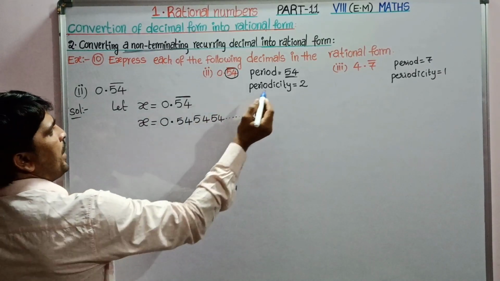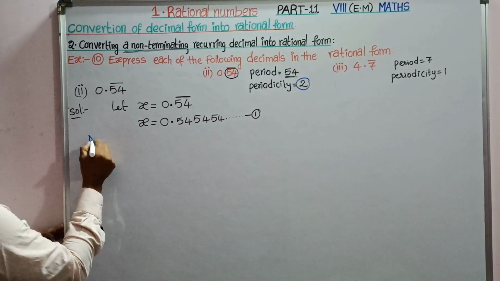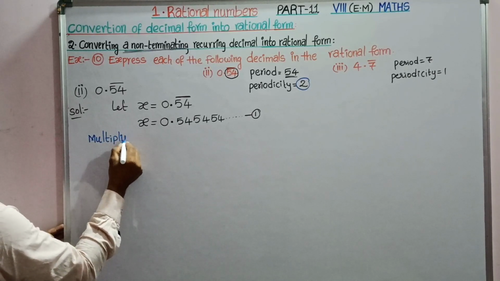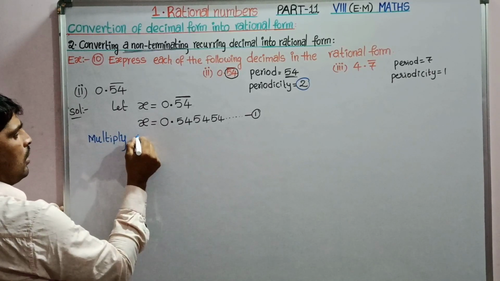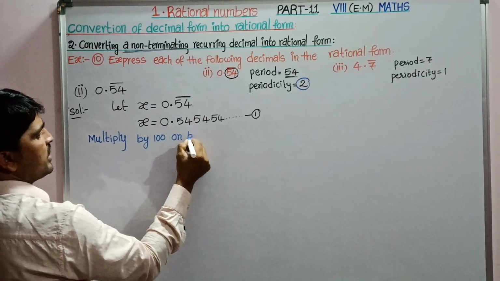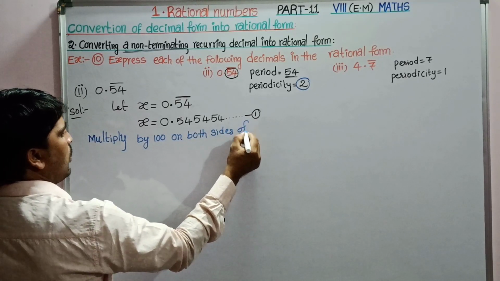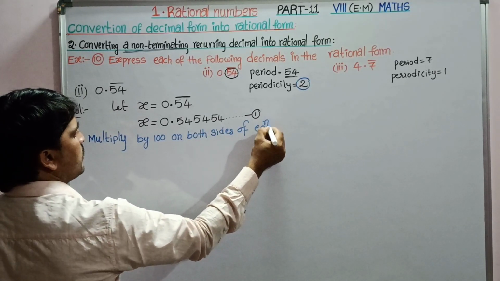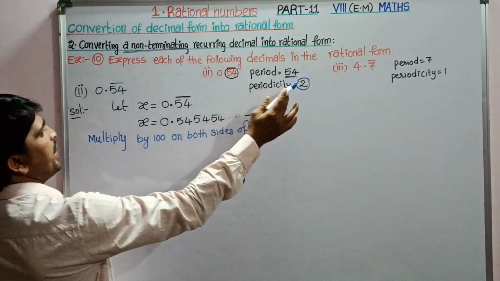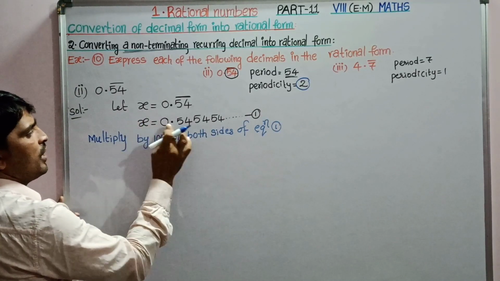Since the periodicity of 0.54 bar is 2, multiply by 100 on both sides of equation 1.